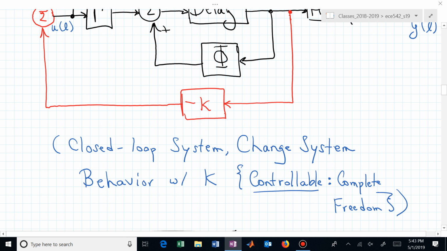You create this controllability matrix, which is gamma, then you pad on another set of columns, which is phi gamma, then another set, which is phi squared gamma, and you just keep going up to phi raised to the n minus 1 power times gamma.